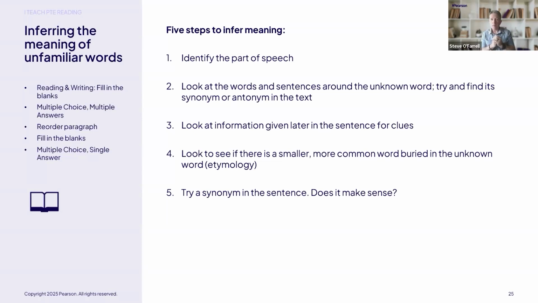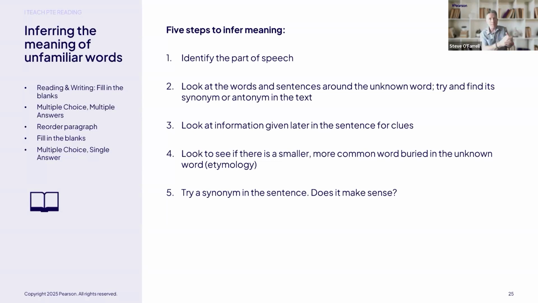What about looking inside of the word itself for the etymology? So, for example, the word automobile. It's got that mobile in it. We all know mobile phones, but also we might know mobile is all about movement. And auto means autonomous or self-propelled. So an automobile, something that moves of its own volition.